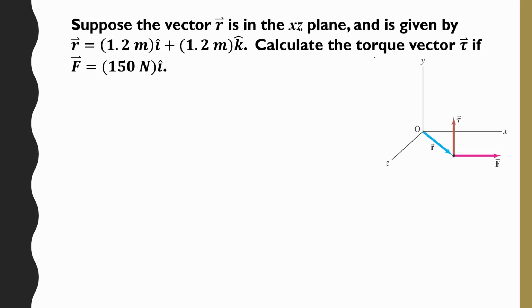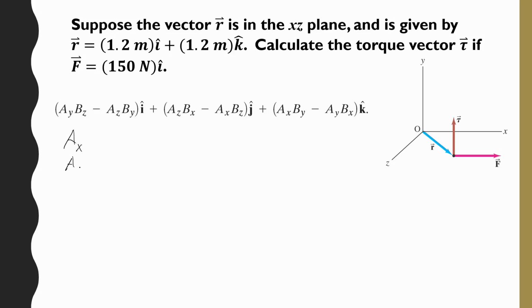But if we want to actually find the vector notation of this, we're going to start with that big ugly equation here. Now r always has to be your first vector, so these components are essentially the components of A. So let's go ahead and write those. We've got an i, no j, and we have a k. So we have an ax and we have an az, and those are both equal to 1.2 meters.